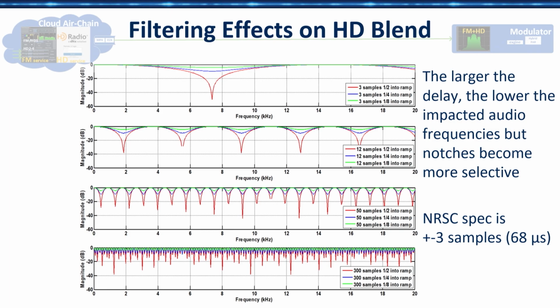If you're running 2 audio paths over 2 separate STLs, different audio processors, it's tough to get it to within 68 microseconds. But at 68 microseconds, as one audio ramps down, the other ramps up. At some point, you'll essentially get a comb filtering effect, and it will null out about 7 kilohertz. But your main audio content's not affected yet, so it's not as noticeable.